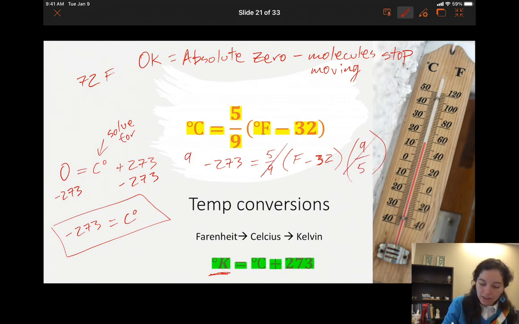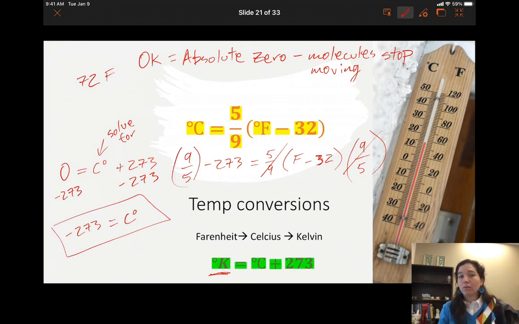There are multiple ways to solve this, by the way. If you have a way that makes more sense to you, please do that. So 9/5 times minus 273 gives us negative 491.4, which is equal to Fahrenheit minus 32.